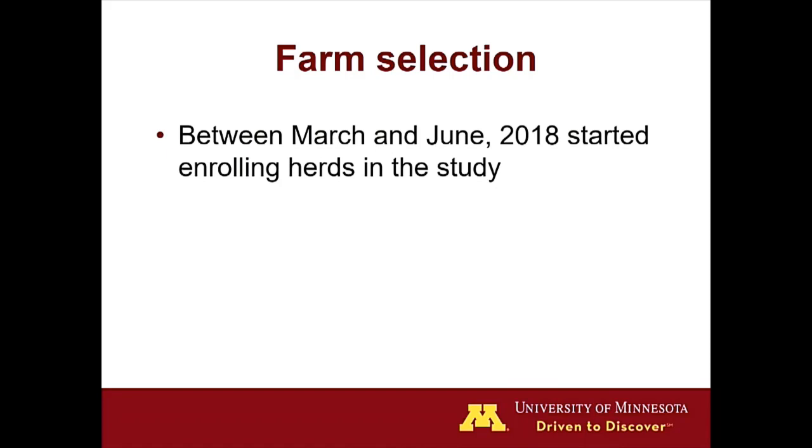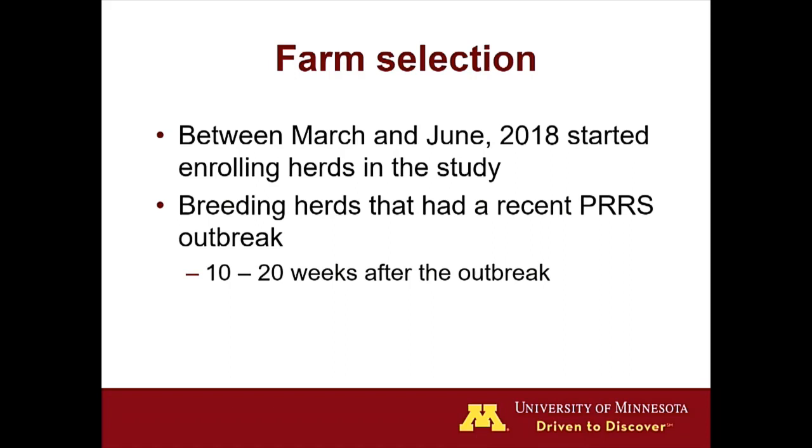For our farm selection, we started looking for participant farms between March and June of 2018, asking for participation and enrolling farms, mostly participants of the MSHMP project. We wanted to enroll herds that had a recent PRRS outbreak, and we defined a time frame there between 10 and 20 weeks from the outbreak.